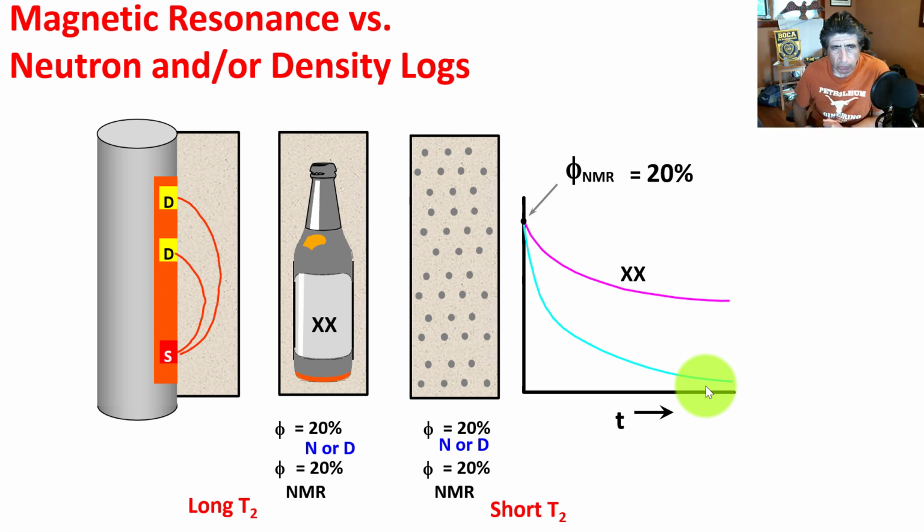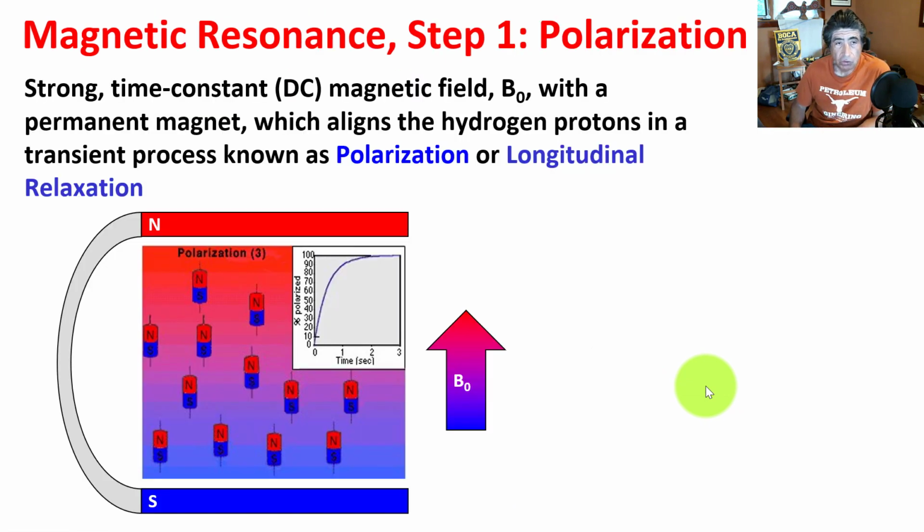But let me be more specific about how this happens. As I indicated in the video that preceded this lecture, first of all we polarize all the protons, all these hydrogen nuclei. We polarize them in a given direction using a DC magnetic field. That is a magnetic field whose intensity does not change as a function of time.